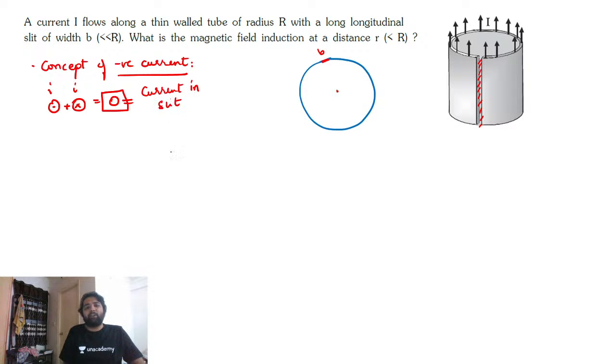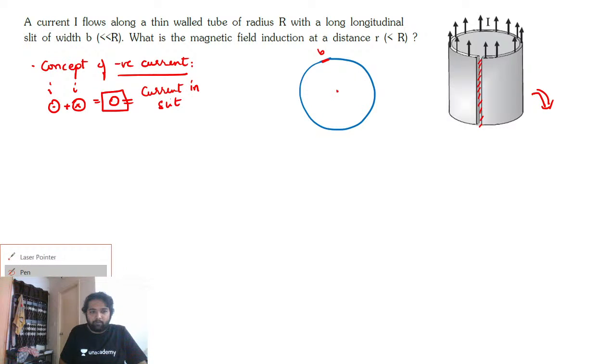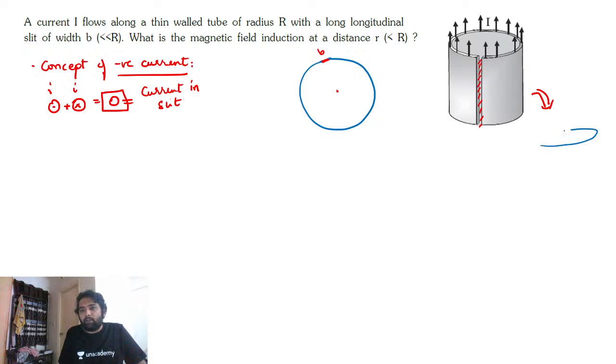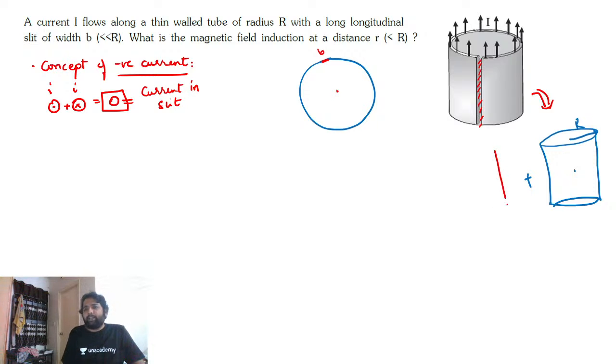Current in slit. So what I will do is, I will write the whole, this diagram will be equal to a full cylinder of whatever radius is there, radius r, plus one slit of width b, thin slit of width b.